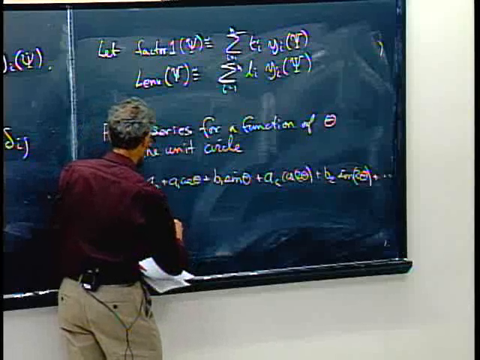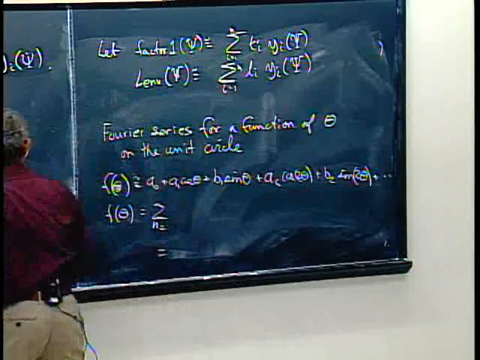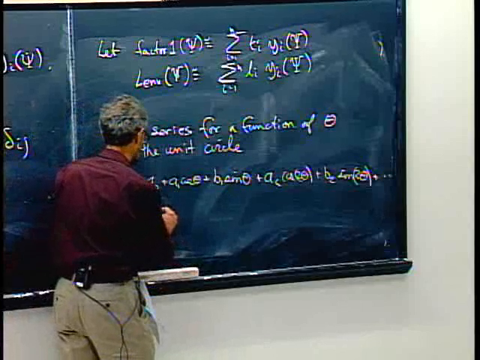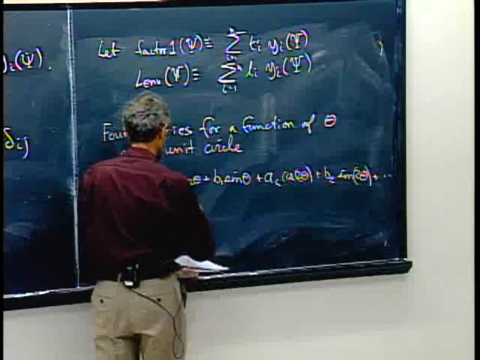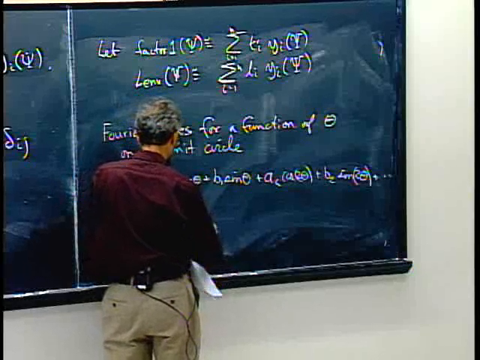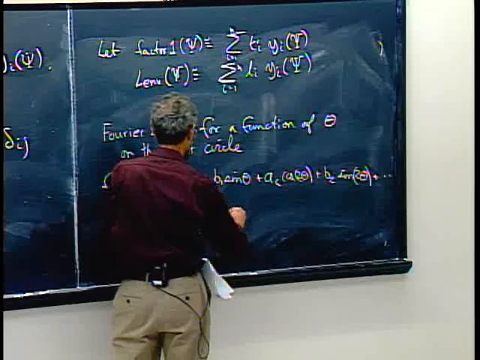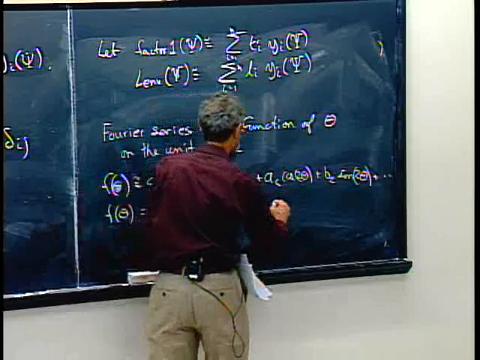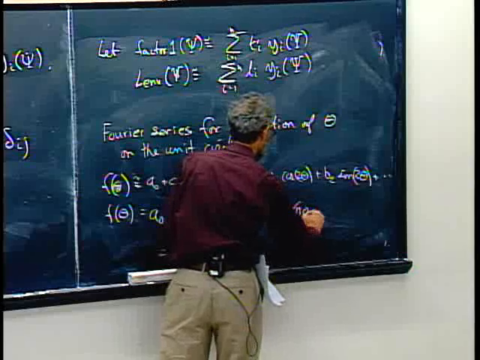Sum n equals, well, let's add A0 because that's n equals 0. That's the constant term. In terms of functions of time, that's the DC part. Plus the sum n equals 1 to infinity of a n cosine n theta plus b n sine n theta.